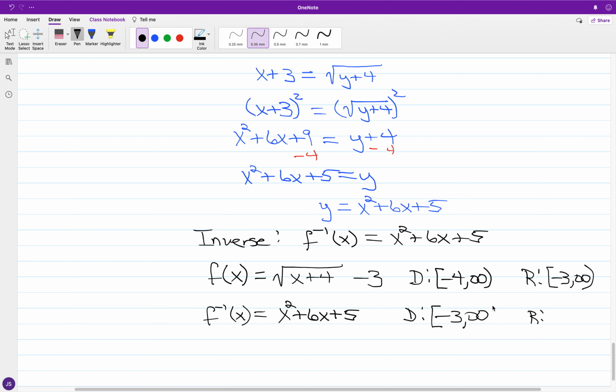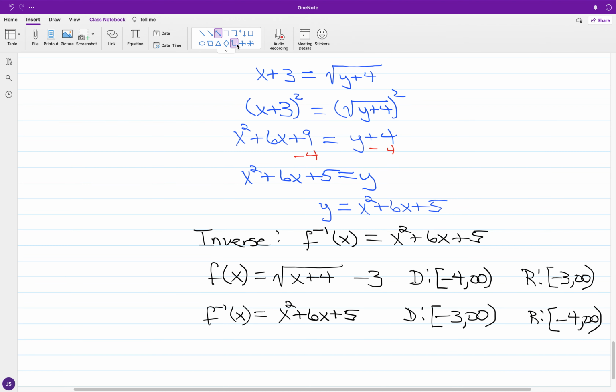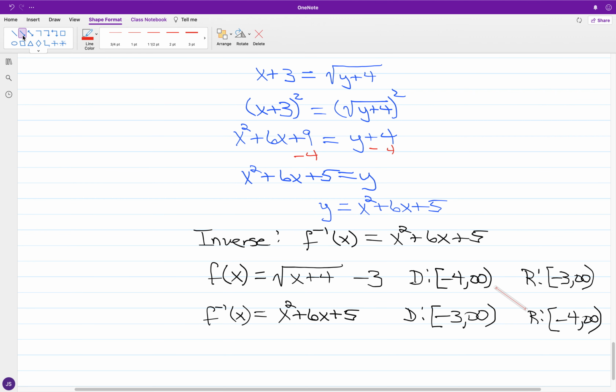And guess what? For what I had in x for the original function, I'm going to have in y in the inverse. So those are going to interchange.